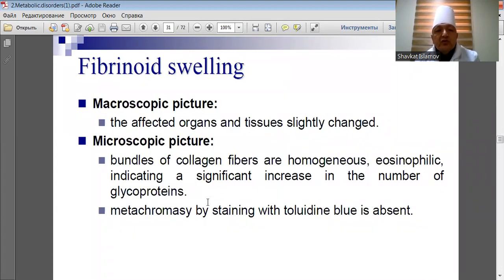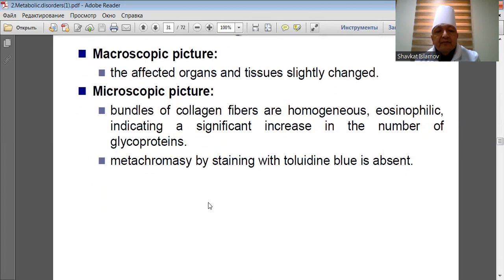Macroscopically, the affected organs and tissues are slightly changed. Microscopically, bundles of collagen fibers are homogeneous and eosinophilic, indicating a significant increase in glycoproteins. Metachromasia with toluidine blue staining is absent.